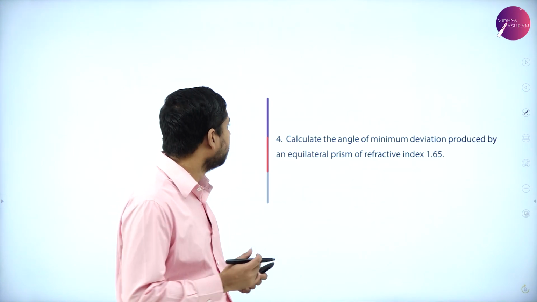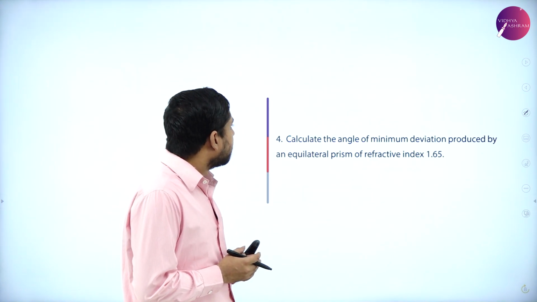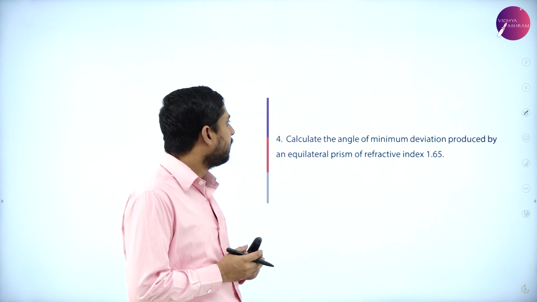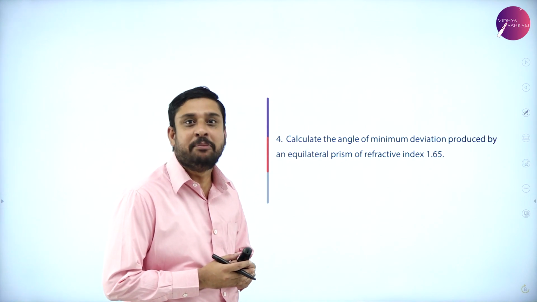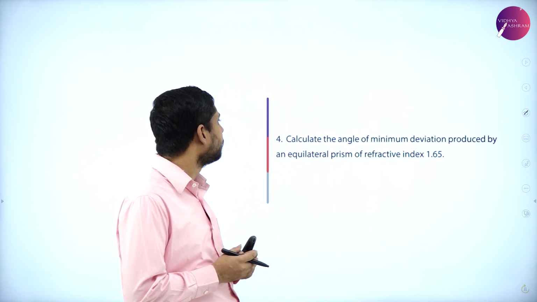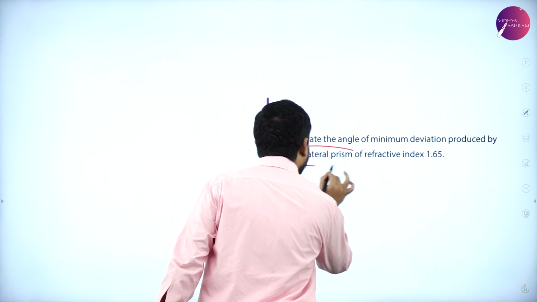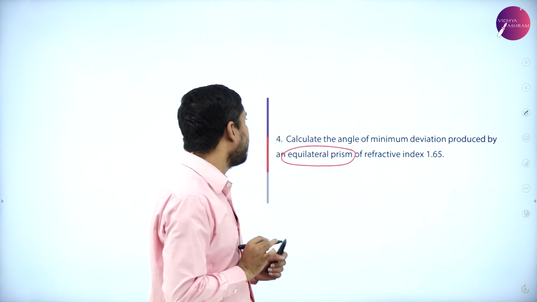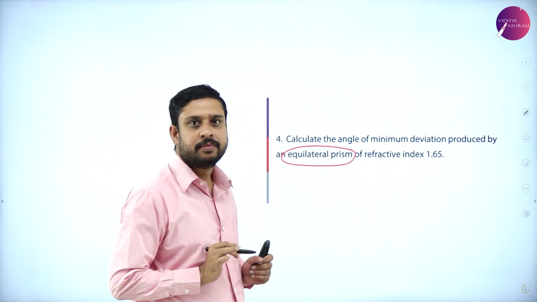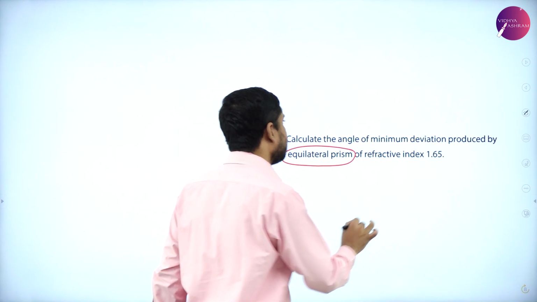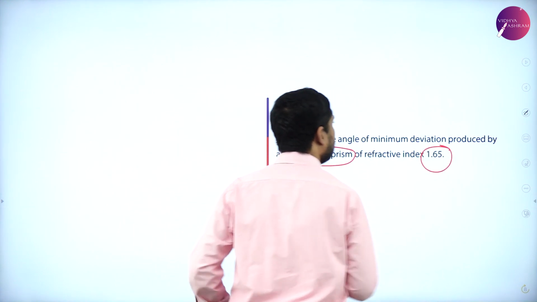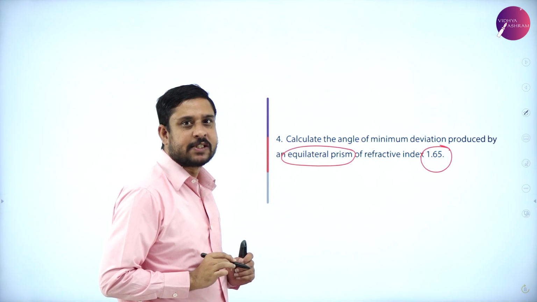Again, a simple one. Calculate the angle of minimum deviation produced by an equilateral prism of refractive index 1.65.